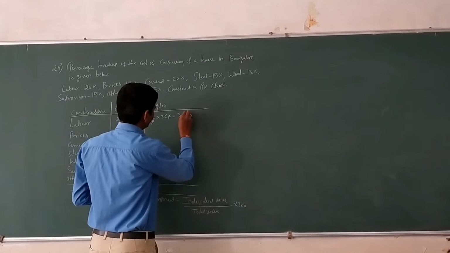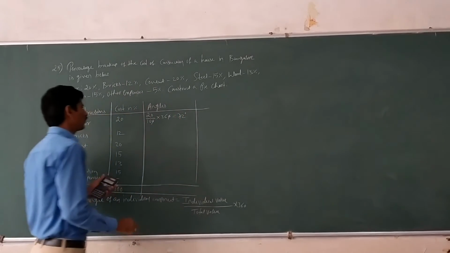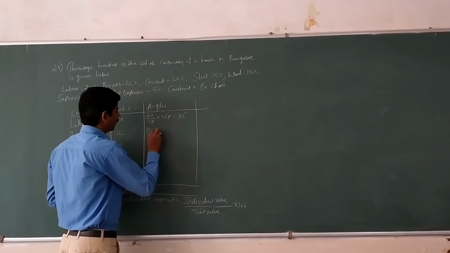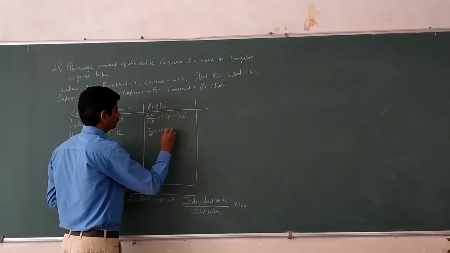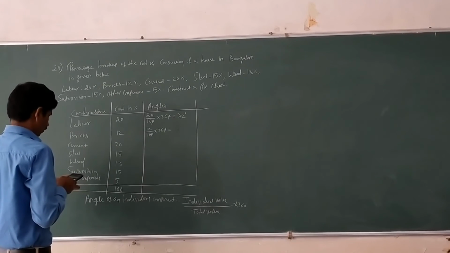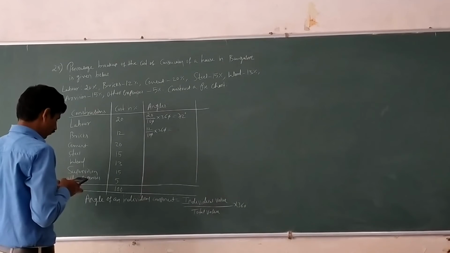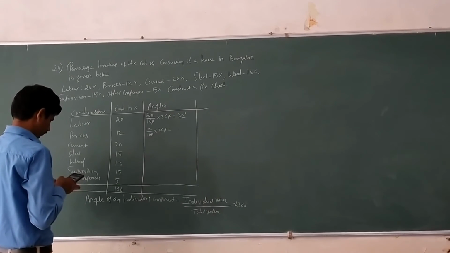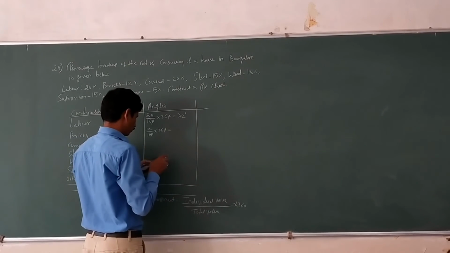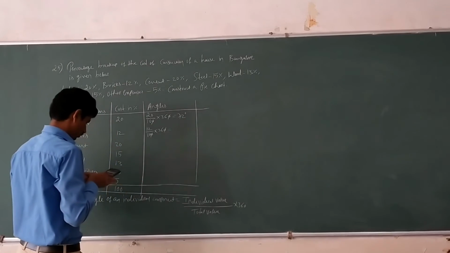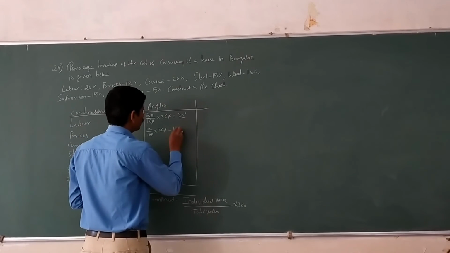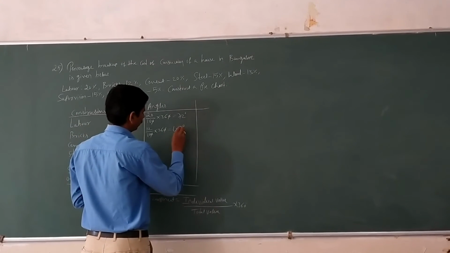The first one is 72 degrees. Next, the second angle is 12 divided by 100 into 360, which is 0.12 into 360, giving 43.2, approximately 43 degrees.